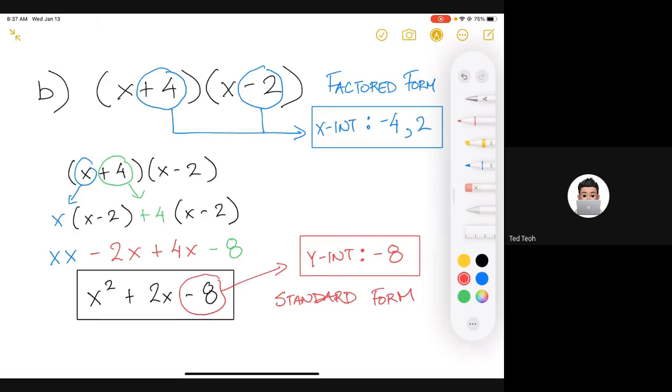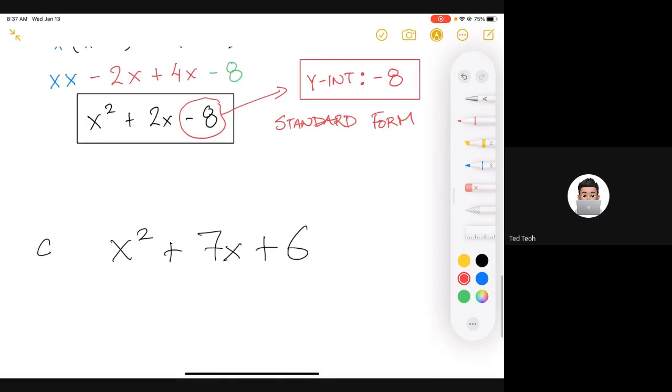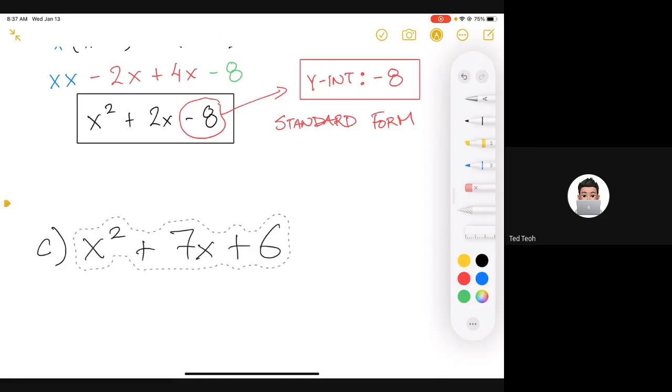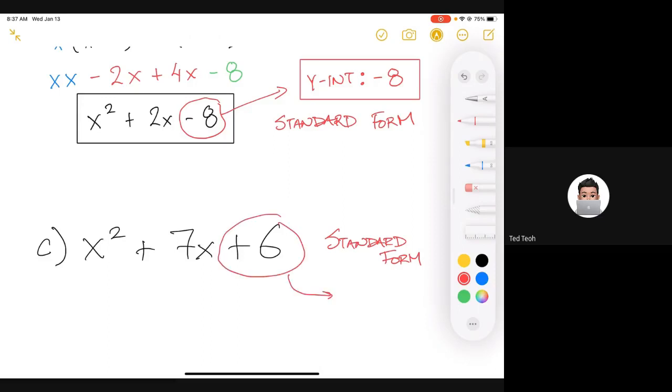Okay? So what if we get a question that starts off in standard form? Okay, so this question here gives me the question in standard form, x squared plus 7x plus 6. You can see that this is standard form because it has no brackets. And when it's in standard form, it gives me the y-intercept. So for this question, I can answer what the y-intercept is easily. +6.